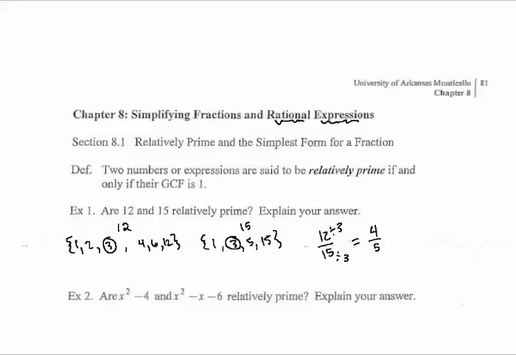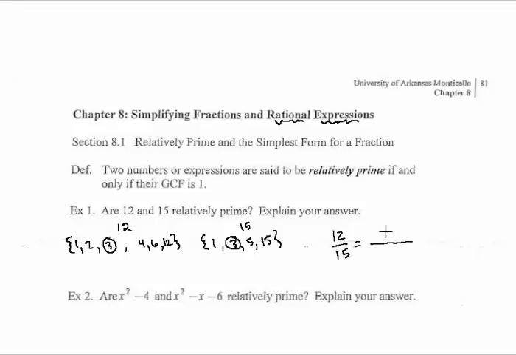I'm going to rewrite it a different way, but that's simply so that it more closely resembles how we're going to end up simplifying rational expressions. So again, say if we had the 12 over 15, we could factor the numerator and the denominator.